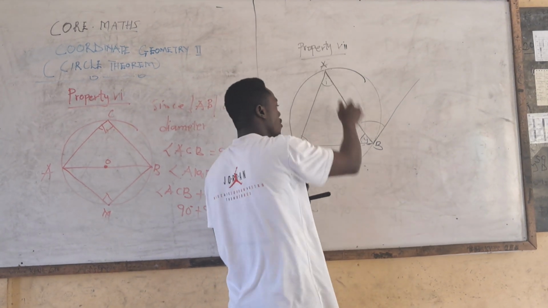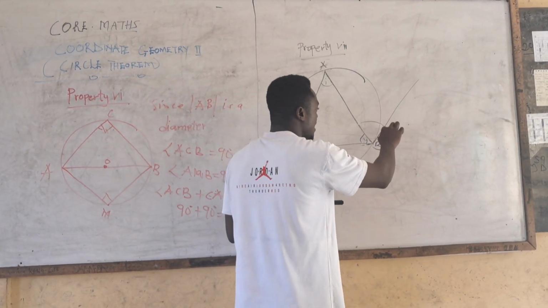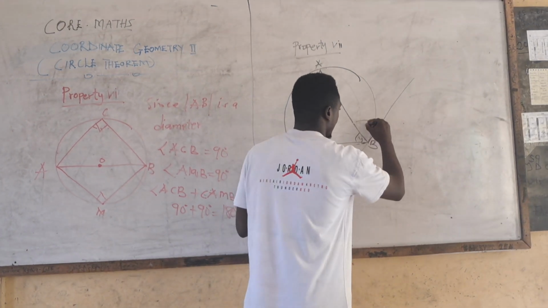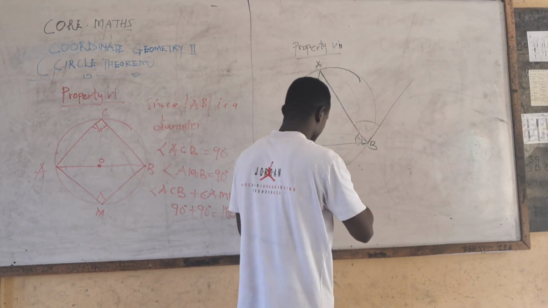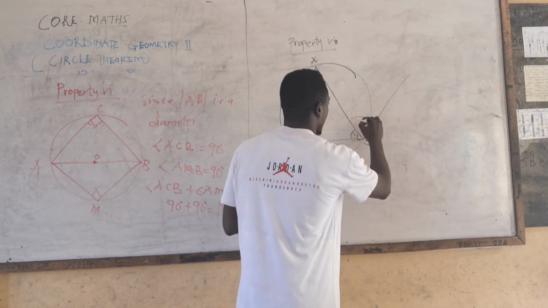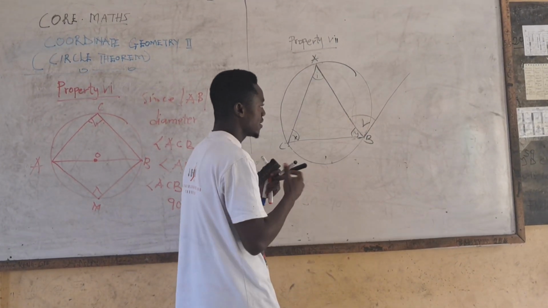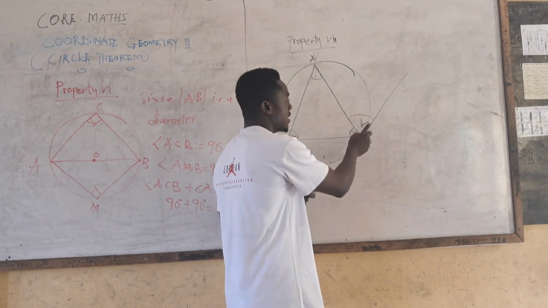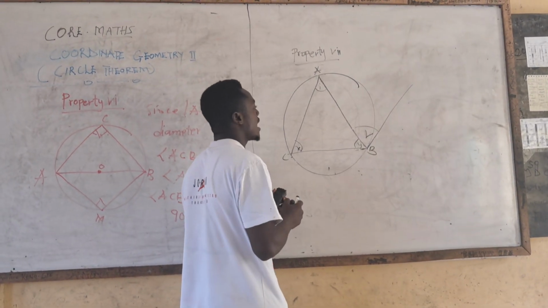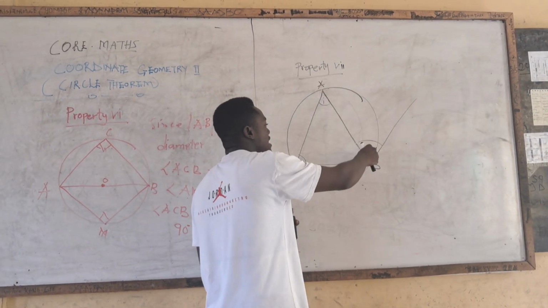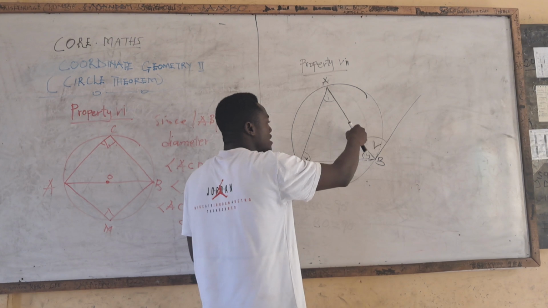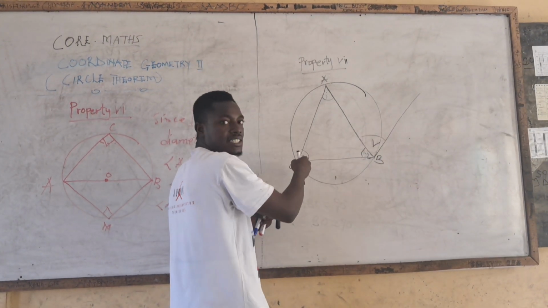As you can see, this chord is sustaining the angle with the tangent, let's say V. So the chord and the tangent sustain an angle V, and this angle is equal to the angle this same chord is sustaining at the opposite segment. We have one segment here, and this same chord is forming an angle at the opposite segment.